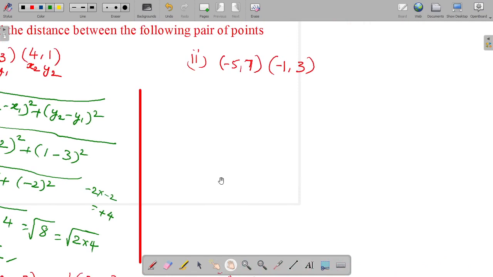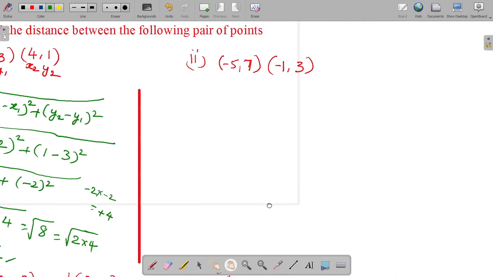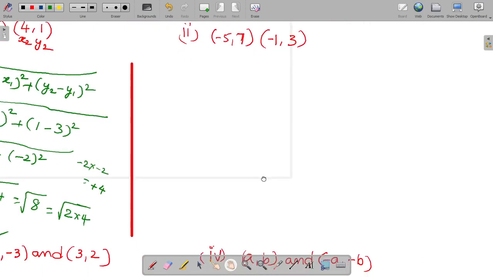Second bit is minus 5, 7, minus 1, 3. This is x1, this is y1, this is x2, this is y2.